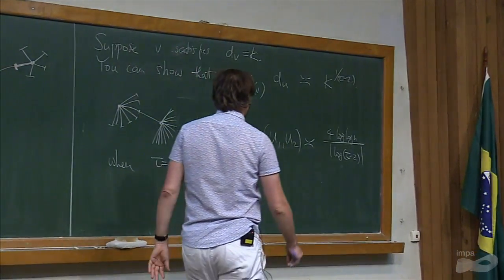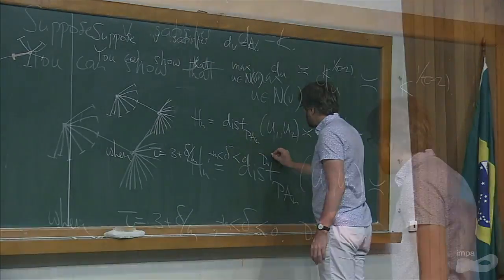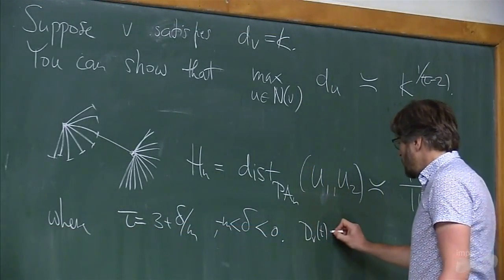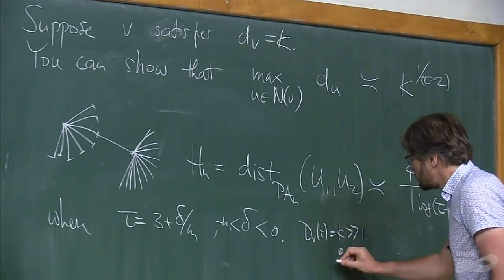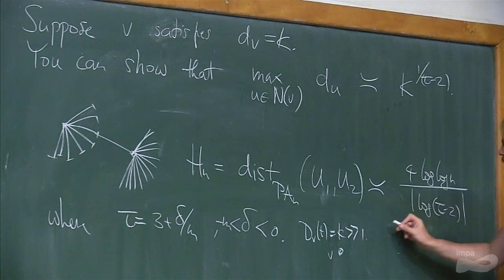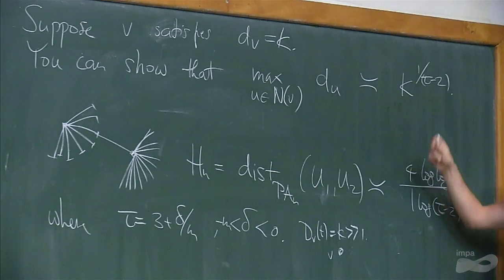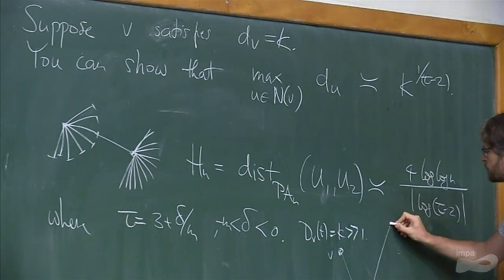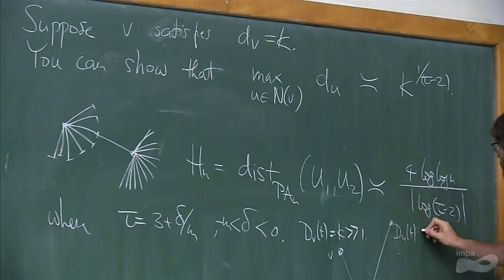But it turns out that if I have a vertex of very high degree, a vertex for which the degree at time t is equal to k, which is very large, I'm not going to be connected in one go to a vertex with this order of magnitude of degree. But it will be connected in 2 steps to a vertex, du of t, which has a degree of the order k to the power 1 over tau minus 2, a power larger than 1.